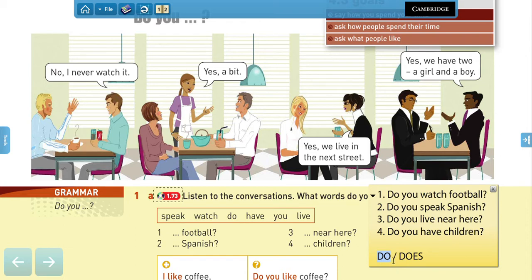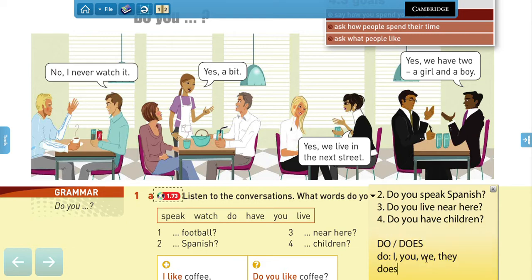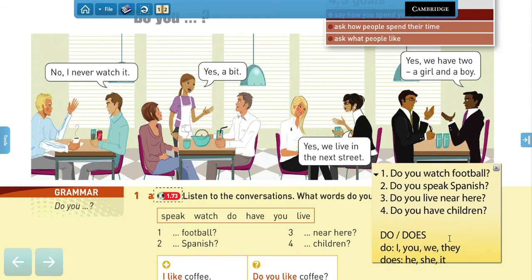The difference between both is that do is used for subjects I, you, we, and they, and does is used for he, she, and it. Now, what's important here is that you learn how to use the auxiliary do for I and you. We're going to be focusing on that.